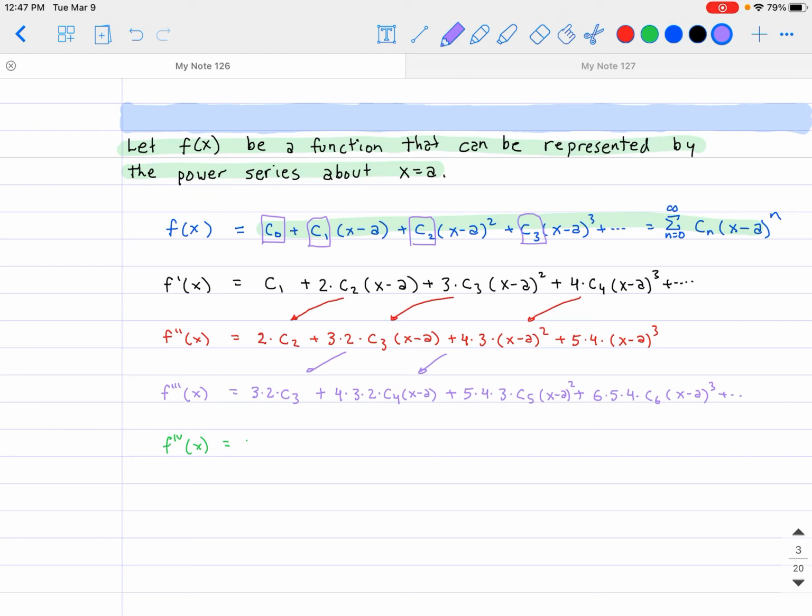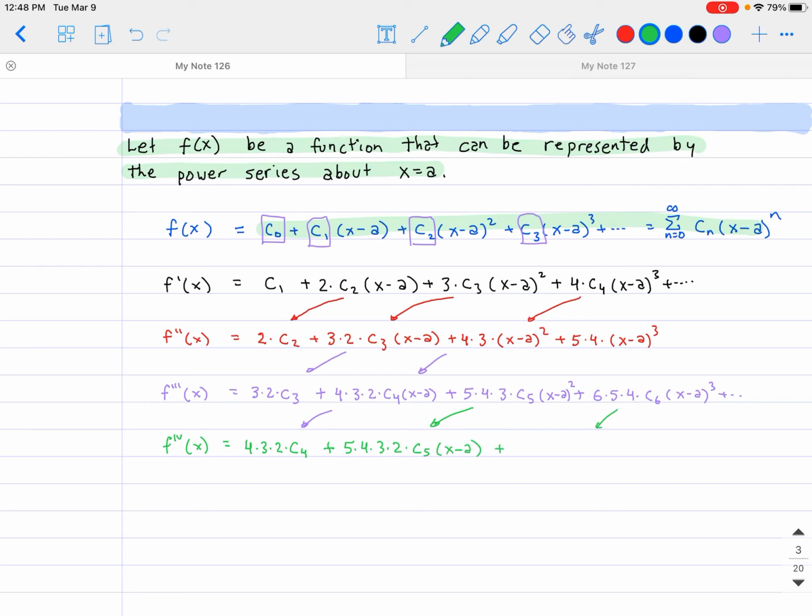All right, here's the last time then. The first term will go away. The second term, its derivative, is going to give you 4 times 3 times 2 times c4. And then the next term afterward, its derivative, is going to be 5 times 4 times 3 times 2 times c5, and then x minus a.